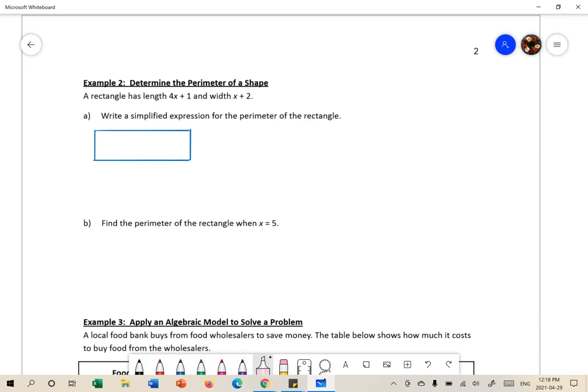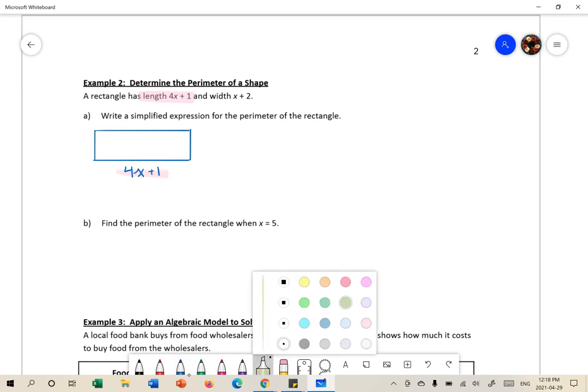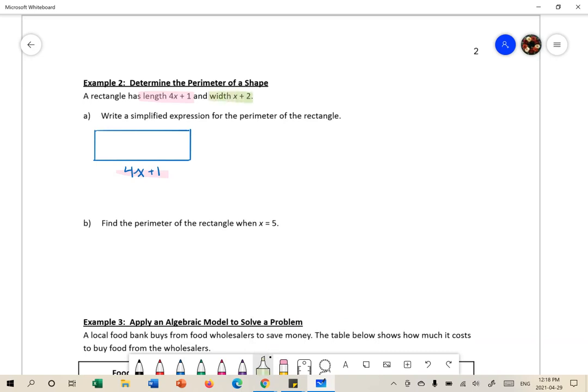So in the question, it says that the length is 4x plus 1. So instead of writing L for length, I'm going to write 4x plus 1. And then the width is x plus 2. So instead of writing W for width, I'm going to write x plus 2.